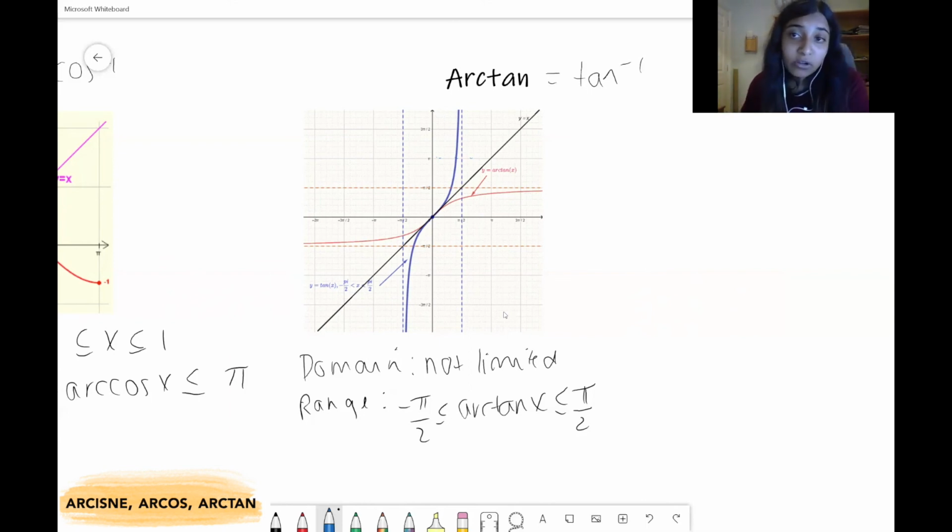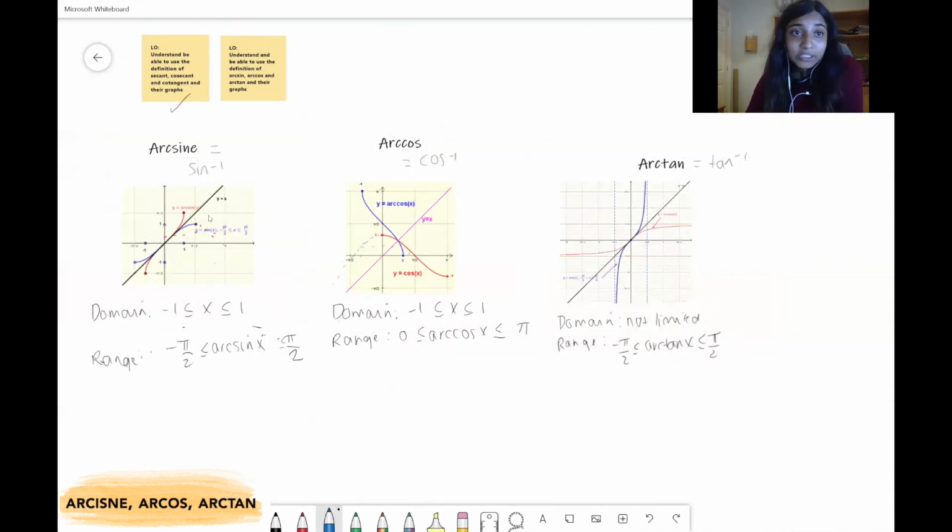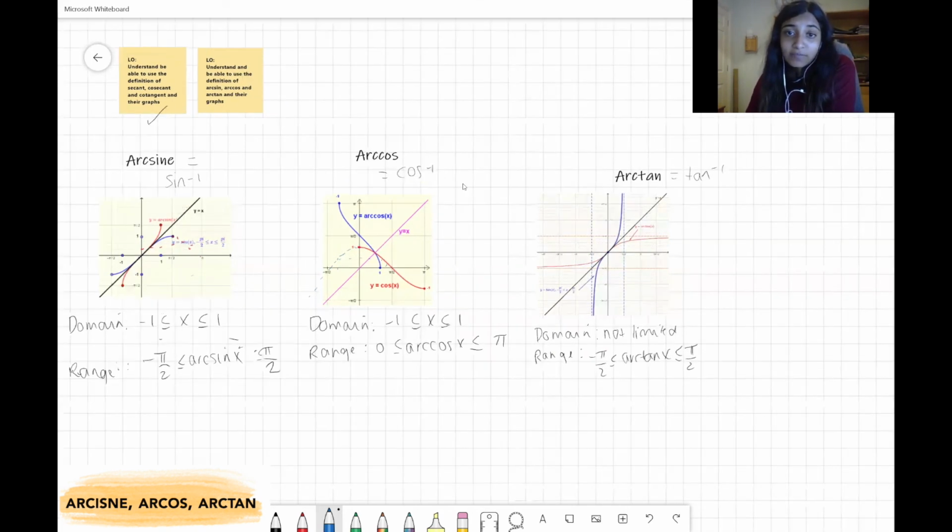Because the range of tan x is unlimited, the domain of arctan x is also not limited, which means you can draw your arctan x for all values of x. So that's an overview of the 3 definitions of inverse sine, inverse cos, and inverse tan.